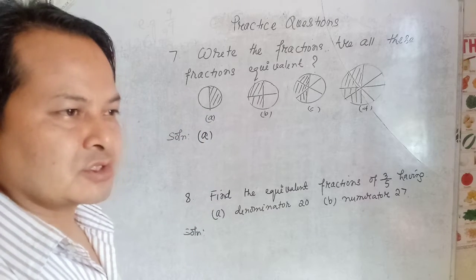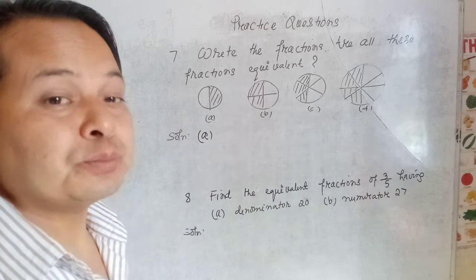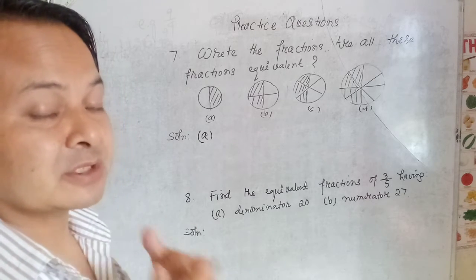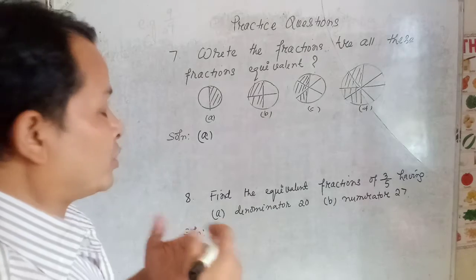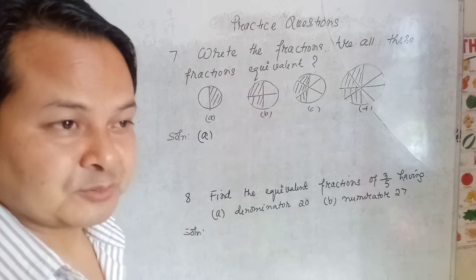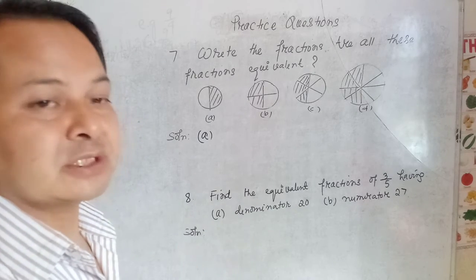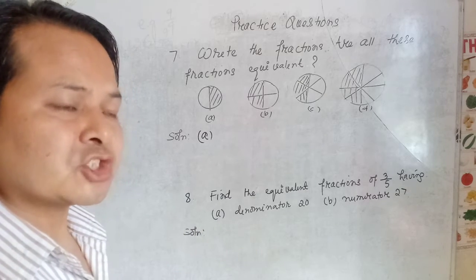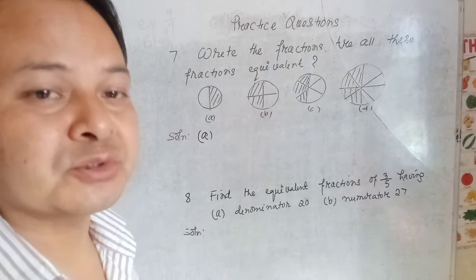In a fraction we have got two parts. We just discussed it in the previous classes. First one is the total part or whole part, and the second is the part.